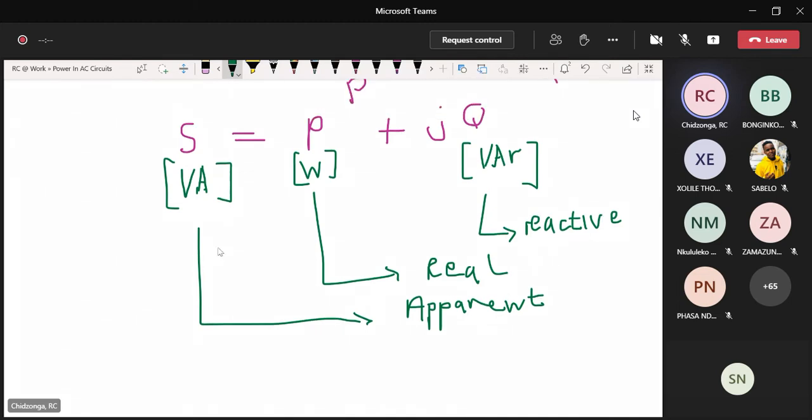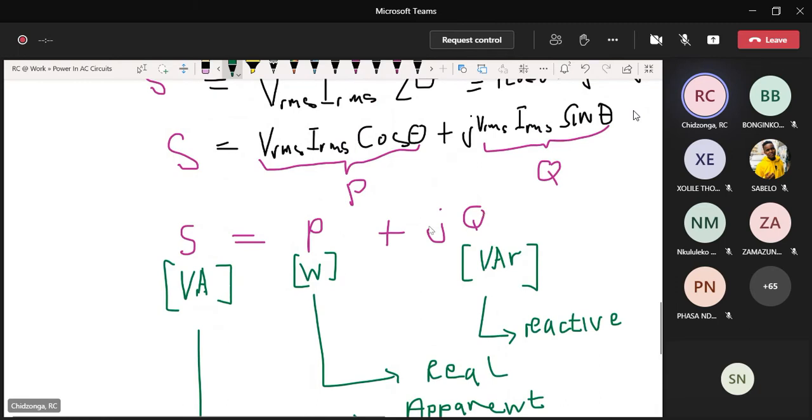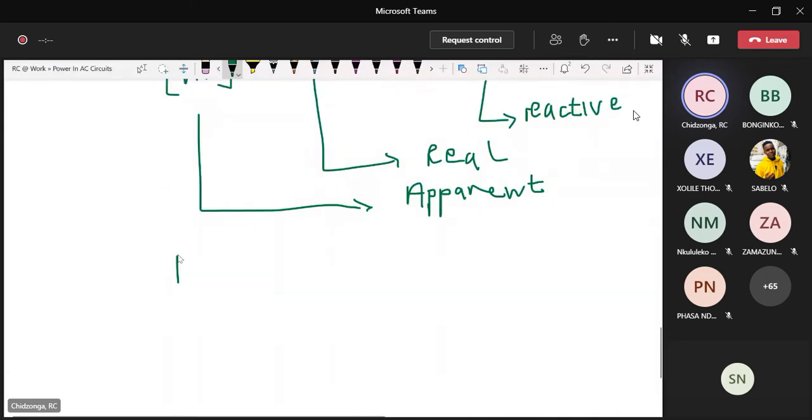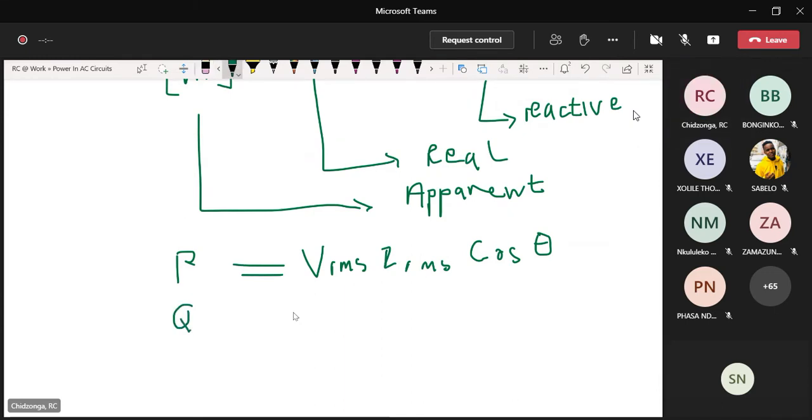Right? And obviously, you can see by equating this quantity here with that, this quantity here with that, that P is simply VRMS IRMS cos theta, and Q is equal to VRMS IRMS sine theta.